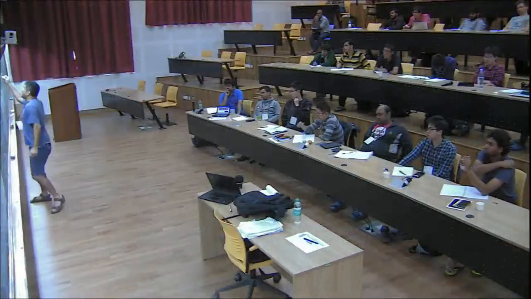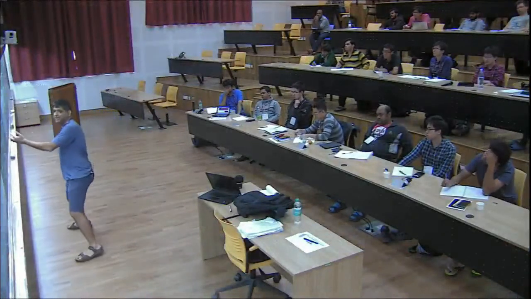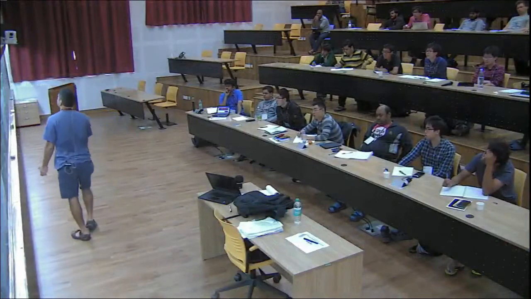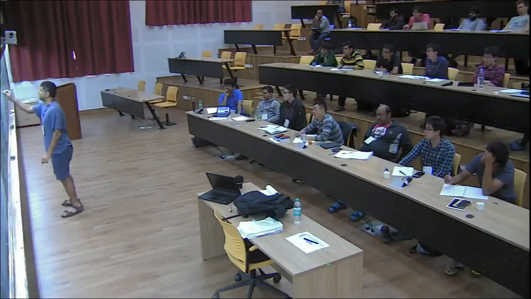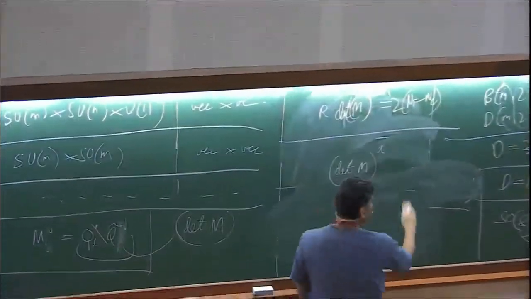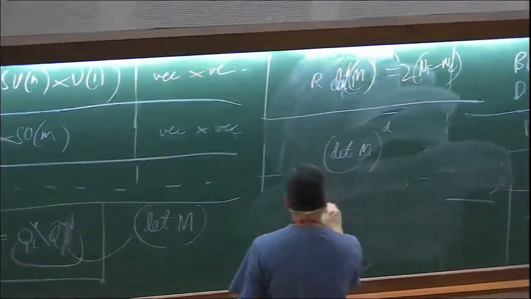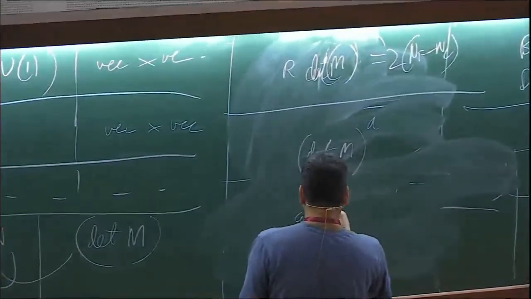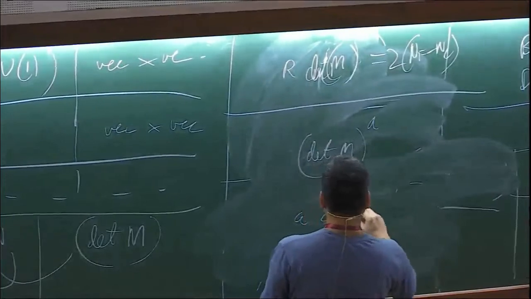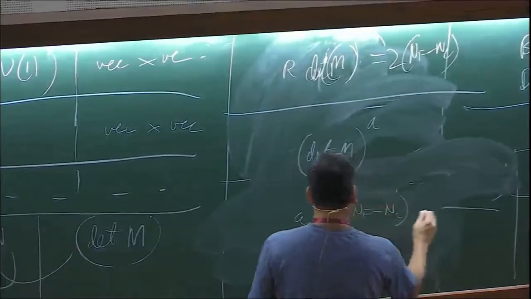Now, if I want some function that adds up to charge 2, I have to take the determinant of M to the power A such that A times 2(NF minus NC) is equal to 2.